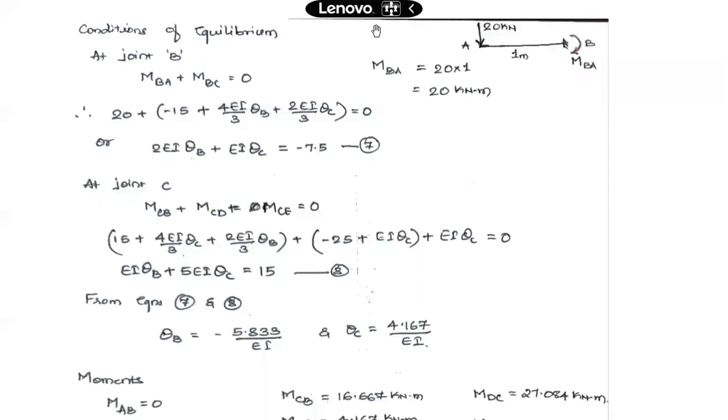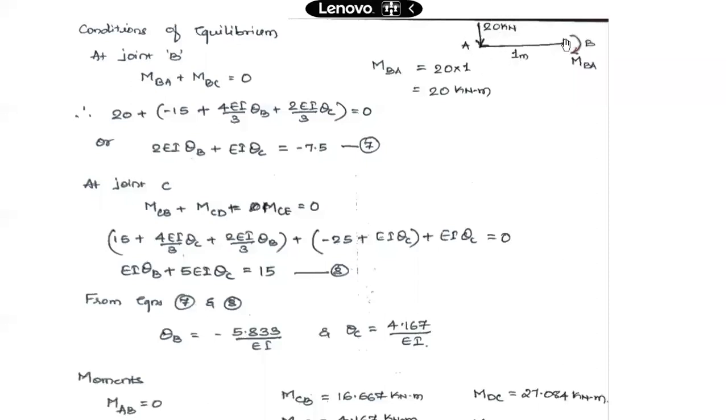Okay, is that clear? Yes, sir. Writing the slope deflection equation, we are done. And the member BA, how are we going to take care of that overhang portion? That will be treated as an applied moment on joint B. What is the direction of the applied moment? 20 into 1, 20 kilonewton meter in anti-clockwise direction.